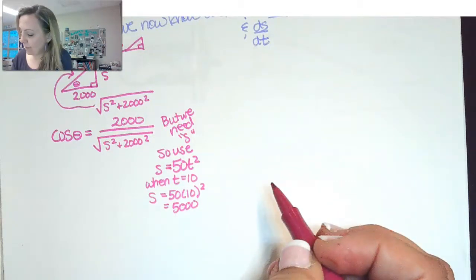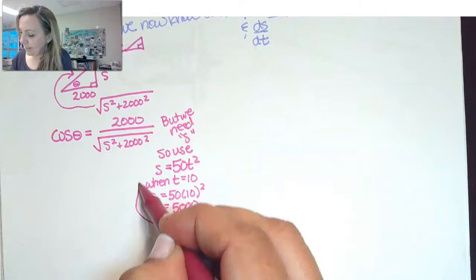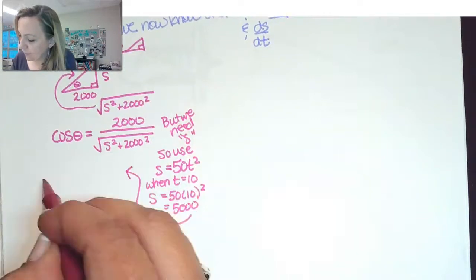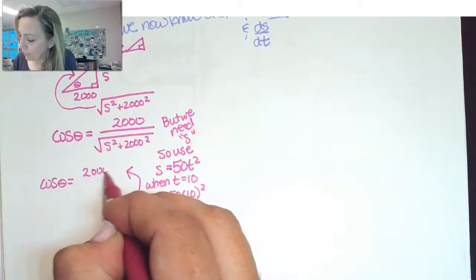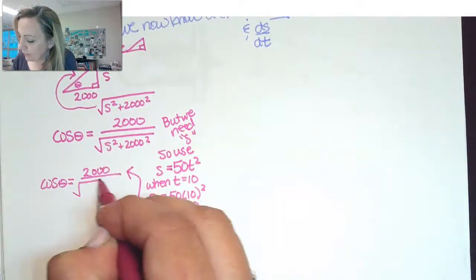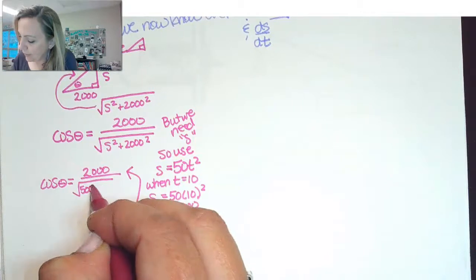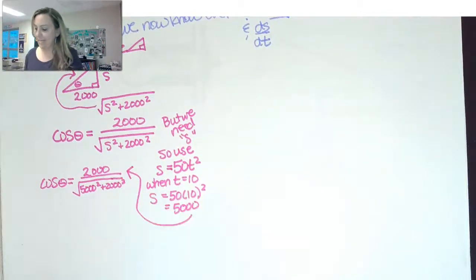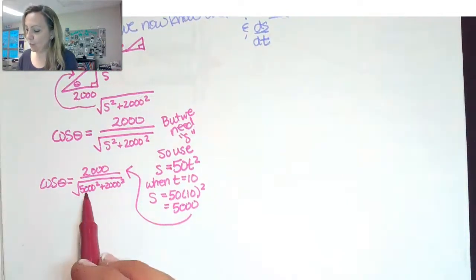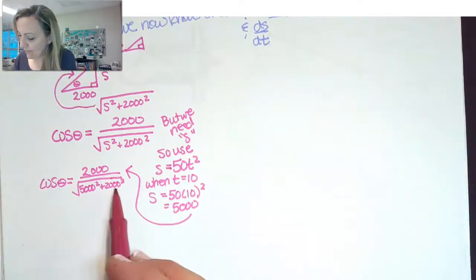And so now that we know that's 5,000, we can put it in here. So I know that cosine theta is going to be 2,000 over the square root of 5,000 squared plus 2,000 squared. So that's 25,000 and that's 4,000.